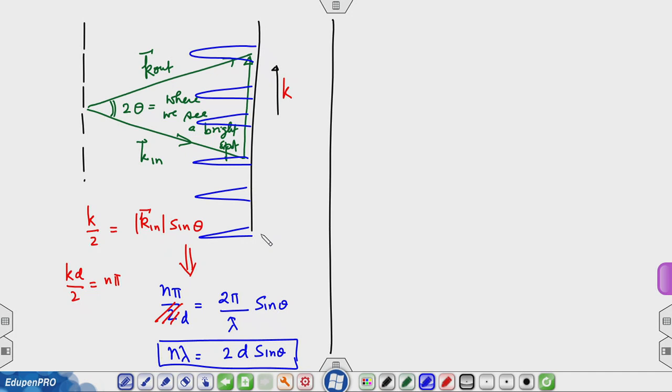Fourier transform sites. This function you can say the blue function is g k mod square.